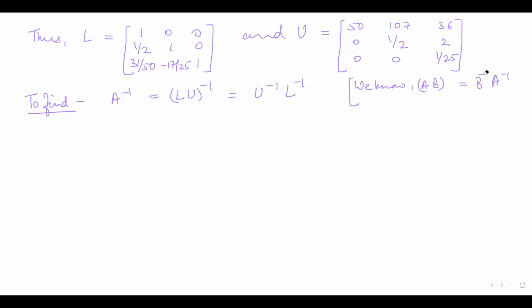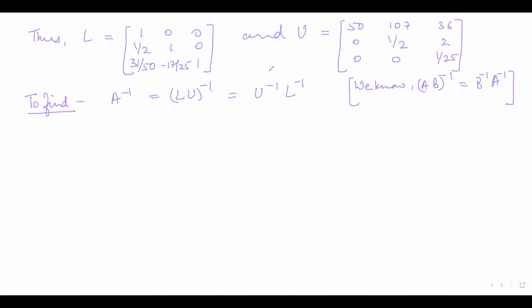B inverse, A inverse. This is the property of the matrices and determinants. So what is the final answer? The A inverse you can find out by just calculating U inverse and L inverse separately, and then multiplying them, you will get the answer.